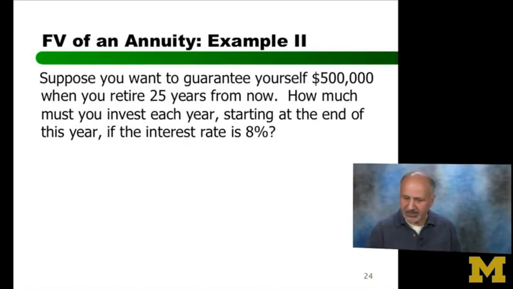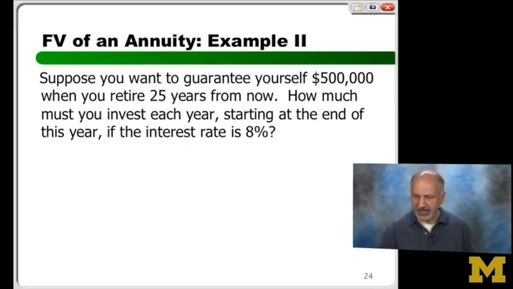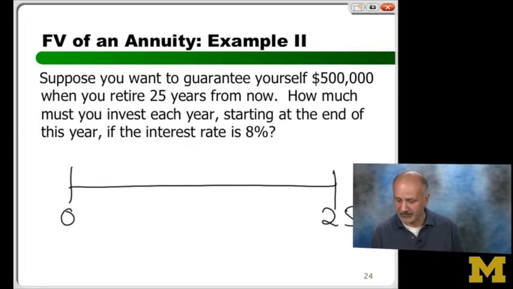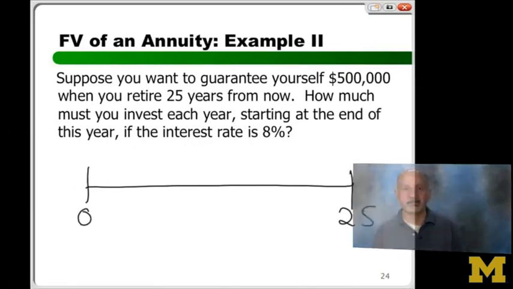So I'm going to again draw a timeline, and hopefully we'll get so familiar with doing this. I promised myself today that I'm going to go slow and I'm going to squeeze every ounce of energy from a problem. And that's the beauty of finance. So 0 here, and how much here? 25. Right?